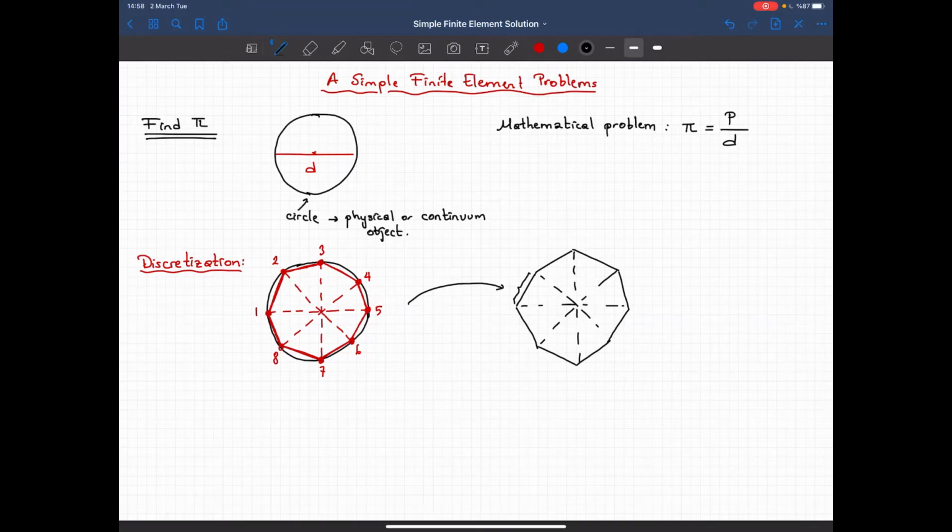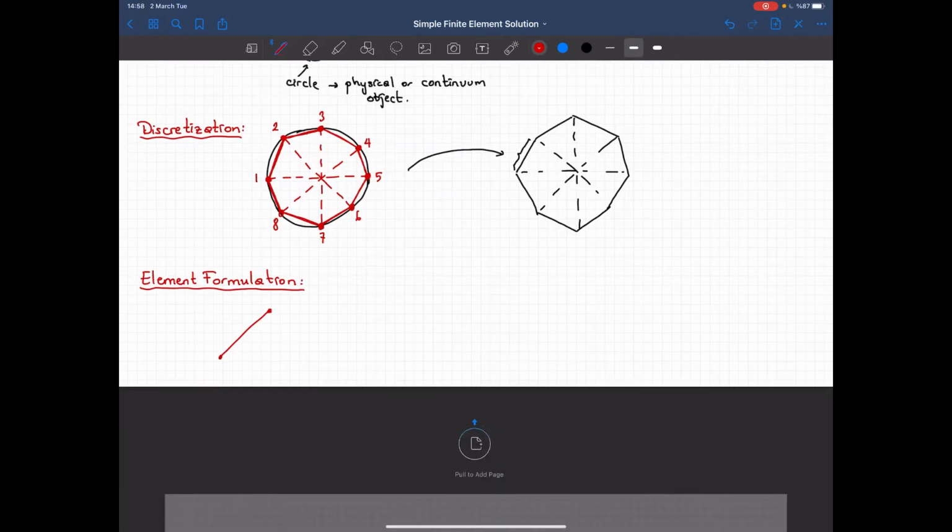So now let's do the element formulation. Since the mathematical problem relates the perimeter with the diameter, let's take a simple element like that.